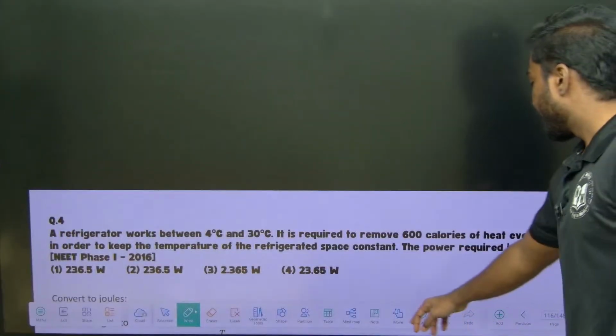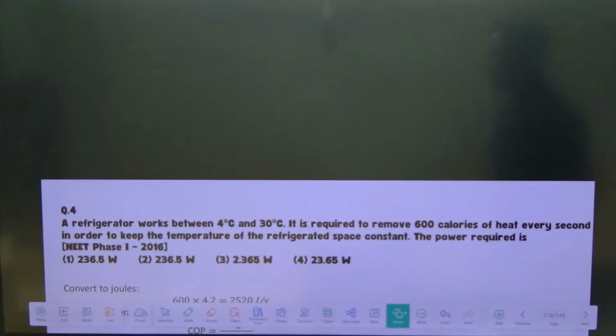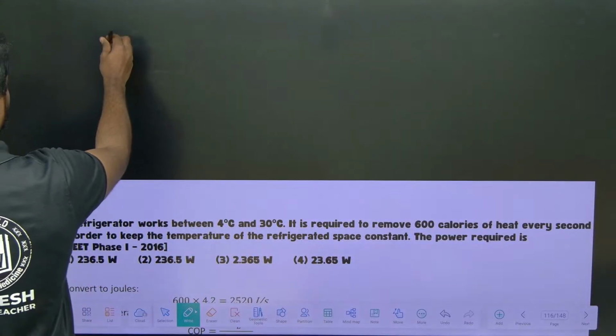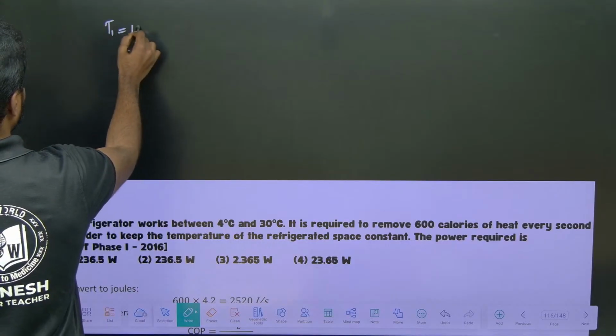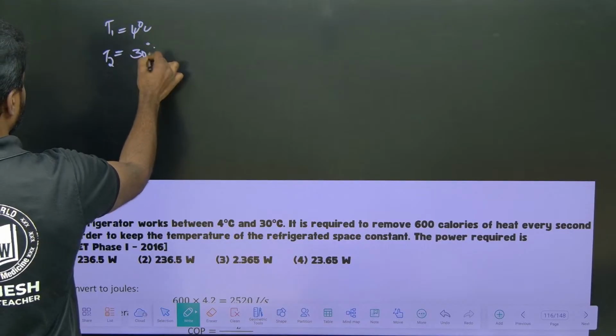A refrigerator works between 4 degrees Celsius and 30 degrees Celsius. Let me take T1 equals 4 degrees Celsius and T2 equals 30 degrees Celsius.